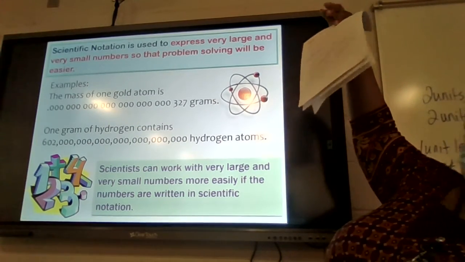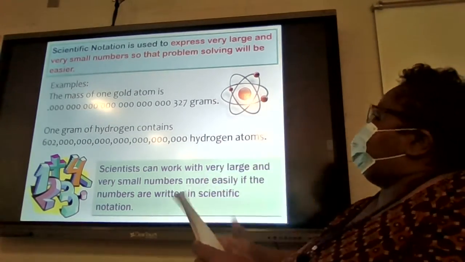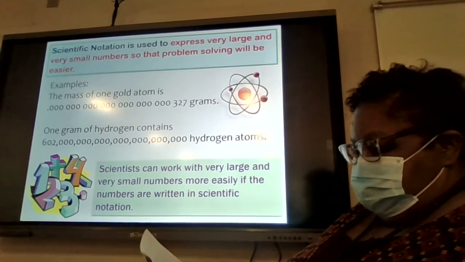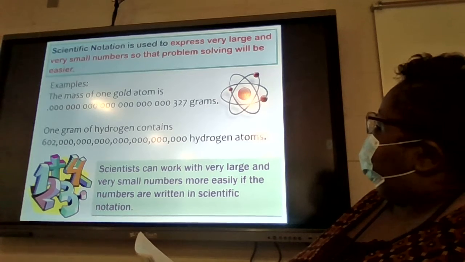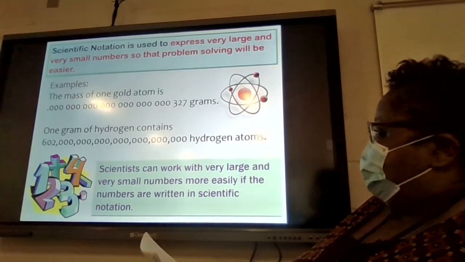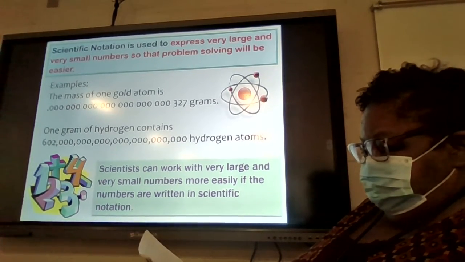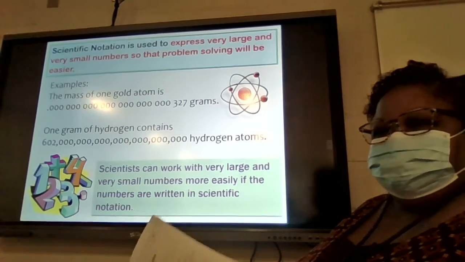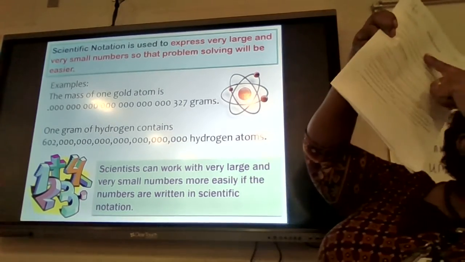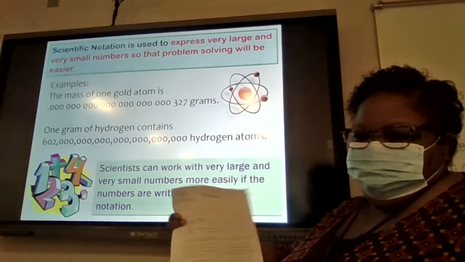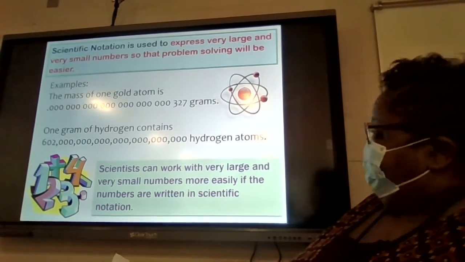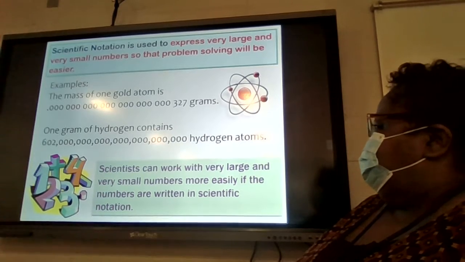You're going to need it. So it's used to express very large and very small numbers so that problem solving will be easier. So we're going to write that right up here. Y'all see it? I'm sorry, I was going too fast.